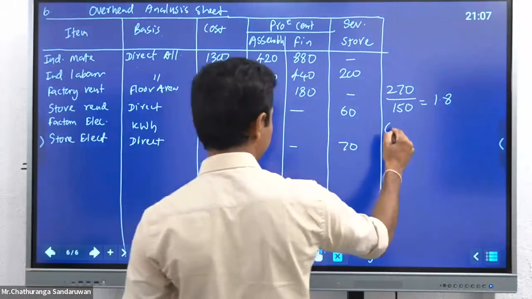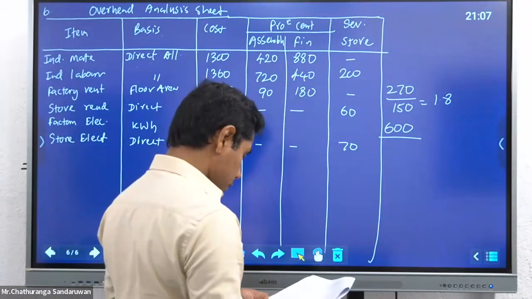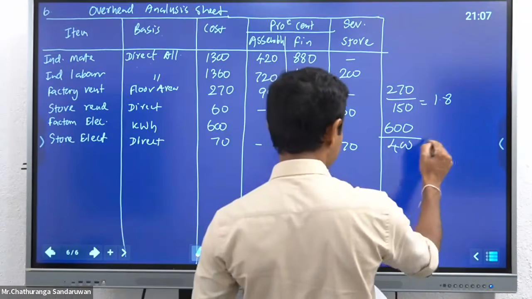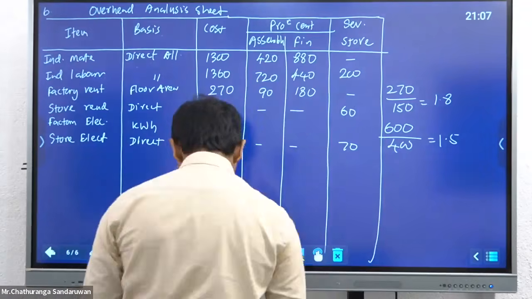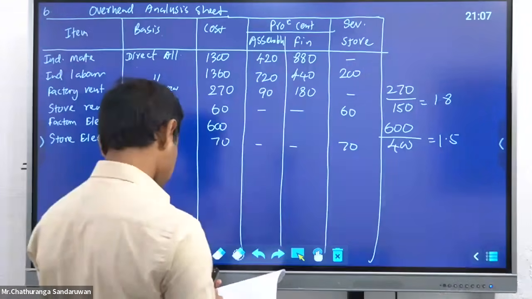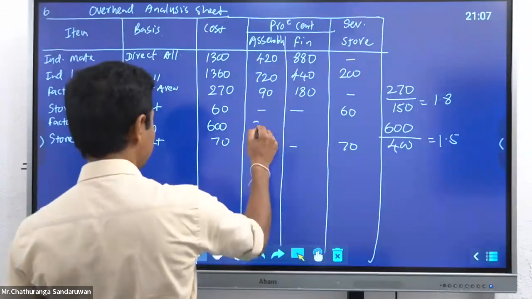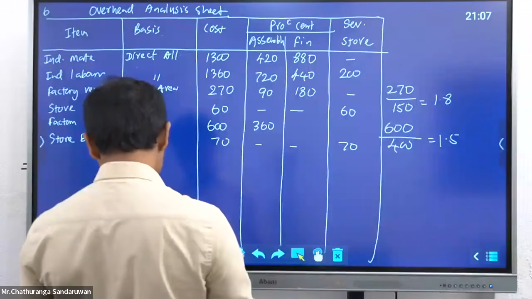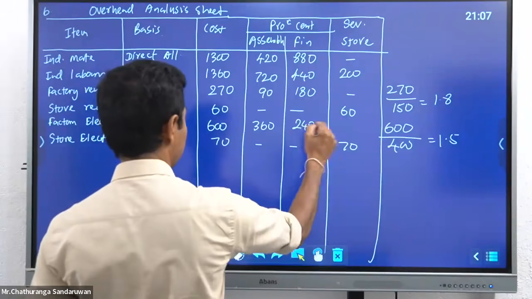So here 600 divided by kilowatts of assembly and finishing 400, then it is 1.5, right? 1.5 into 240, it's 360, and 1.5 into 160, it's 240, right? Here nothing.